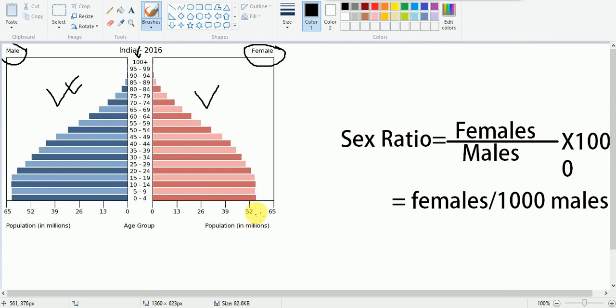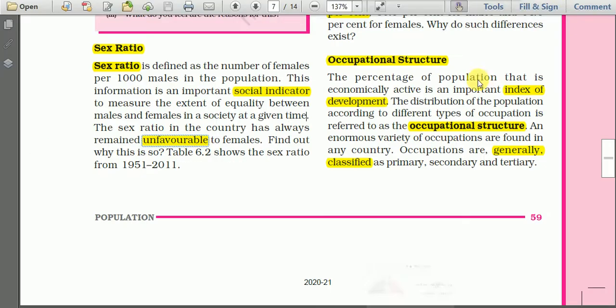This is 52, and somewhere 52, 53, 55 here, but in the case of males it is nearly 65. That means longer. So in all the age groups you will find fewer females.